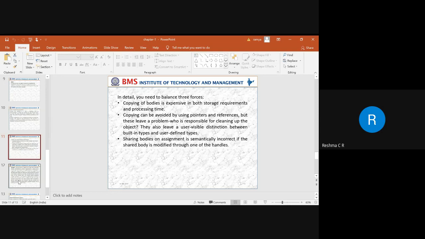The next thing is we need to identify what are the different pointers and what are the different references that are made. And the next thing is we need to share the assignments in a semantic manner. Whatever modifications we are trying to use, those things have to be taken care of.